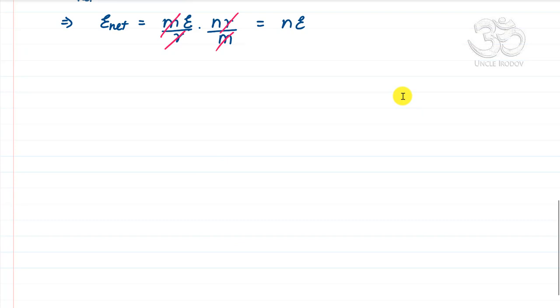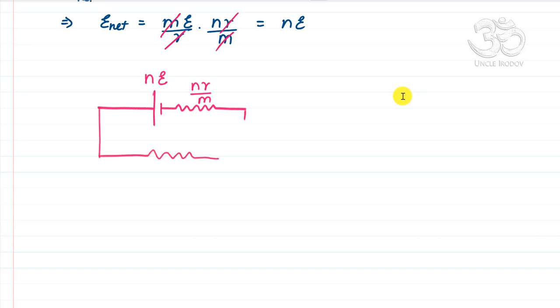So what I have got is a circuit like this, people. I have got a cell, this is n times E, internal resistance n r by m, and then I've got an external resistor here, and I want to figure out what is the value of I, or the current flowing in this circuit. And that's very easy to find out. I'm doing it here on the right hand side.